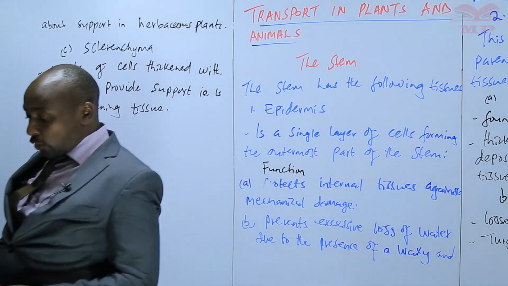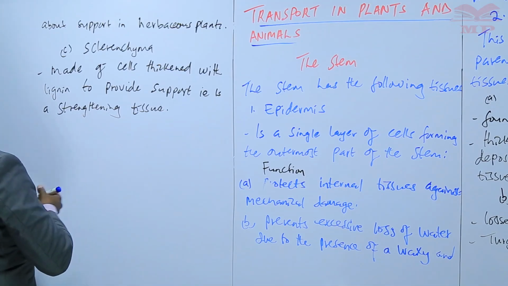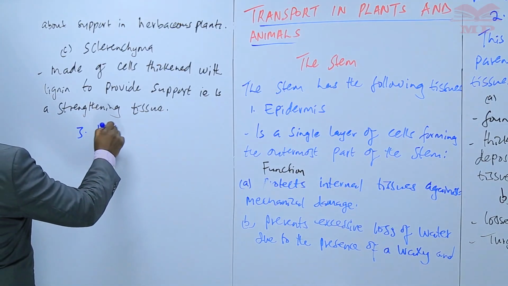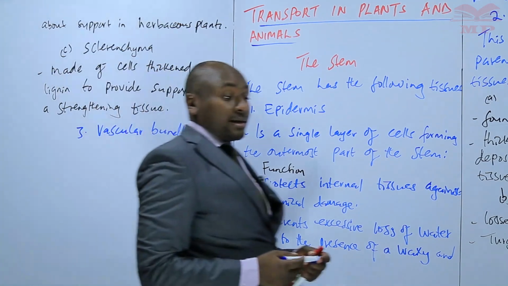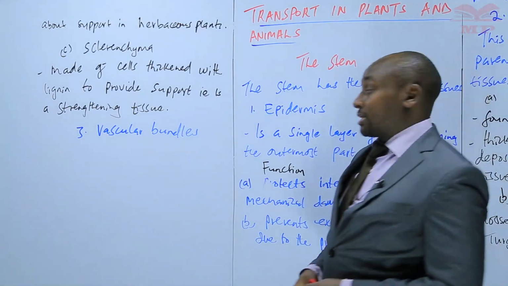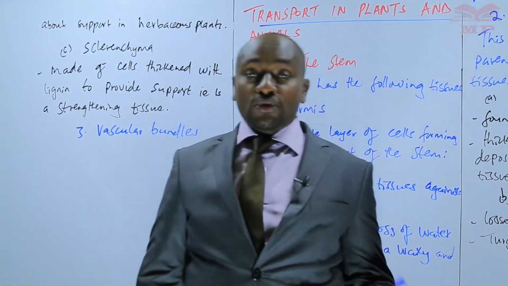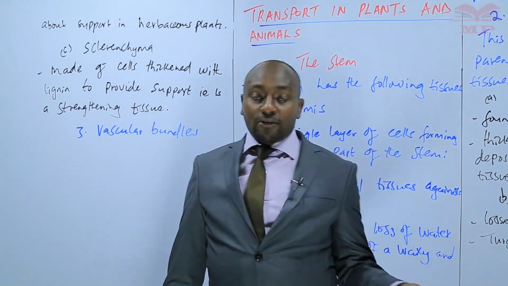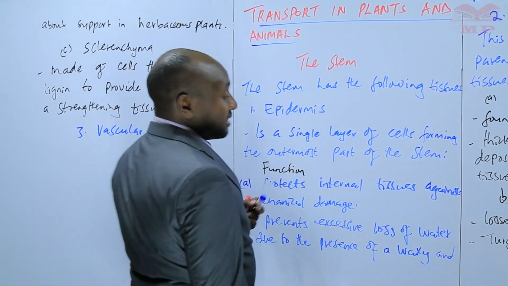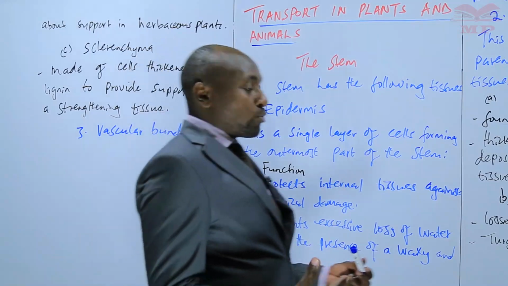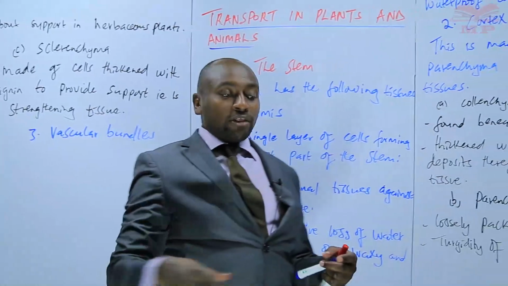Then after the cortex, we look at the vascular bundles. And just like we learned about the vascular bundles in the root, they have the same function. That is xylem and the phloem. Xylem for the transportation of water and mineral salts, and the phloem transports manufactured food. So that one does not change. So the xylem of the stem and the xylem of the root function the same way. In fact, the xylem of the stem is continuous with the xylem of the root.